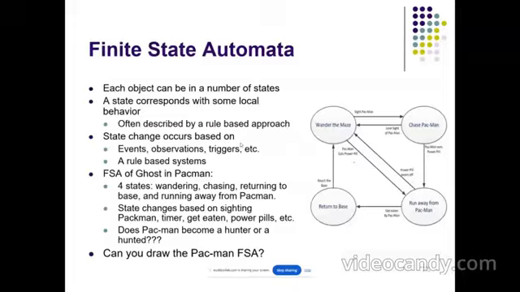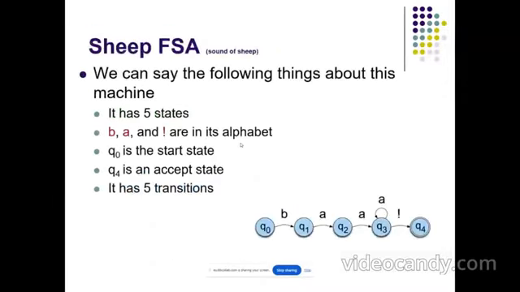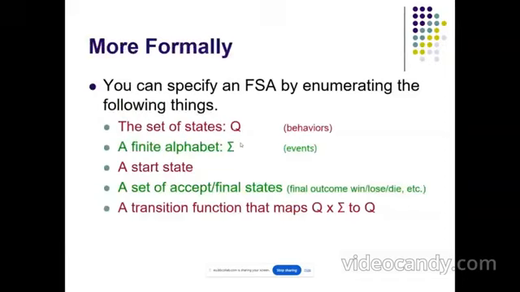Now, in this lecture, we're going to use it to model any kind of action and behavior in our agent, not only animation. So let's look at the definition of a finite state machine.